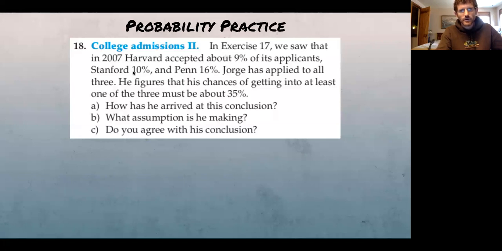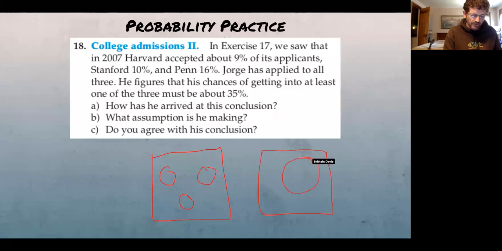And some of the same people were admitted to all three. So if we were making a picture of this, what we have is an overlap. We have Harvard, Penn, Stanford, and these overlap. They're not mutually exclusive, and therefore we can't just add those three together.